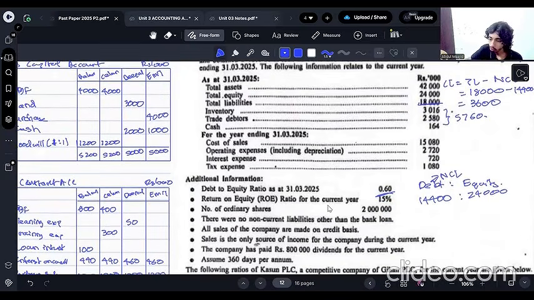Now you know your profit. Sales minus cost of sale, you will get gross profit. From the gross profit, if you deduct operating expense and interest expense. Now operating expense means distribution, admin and other. You will get profit before tax. From that, if you deduct the tax expense, you will get profit after tax.